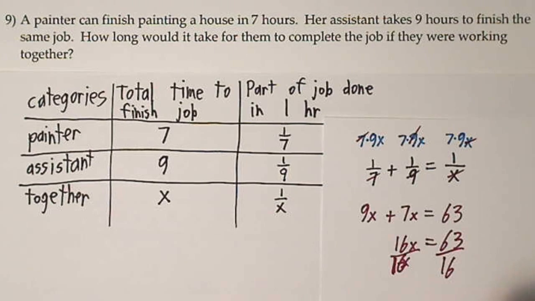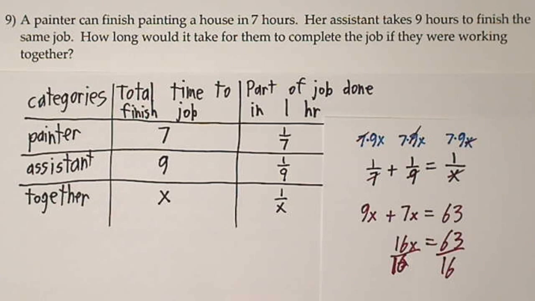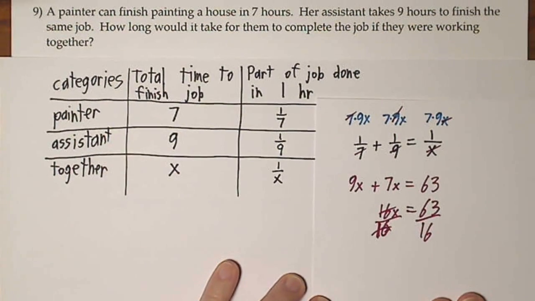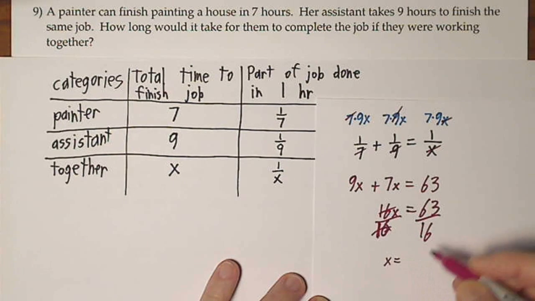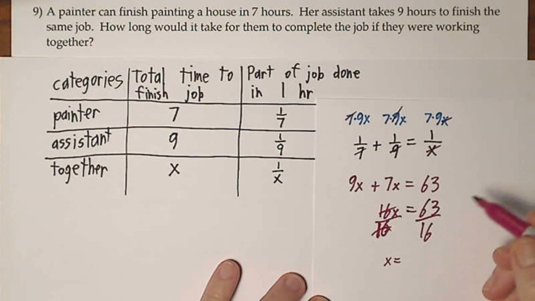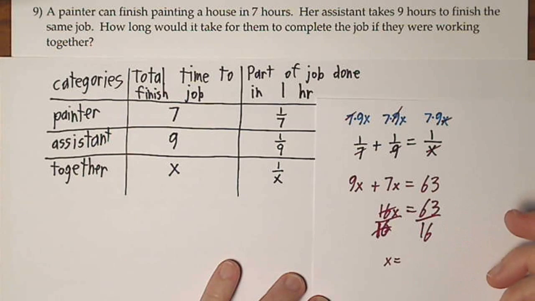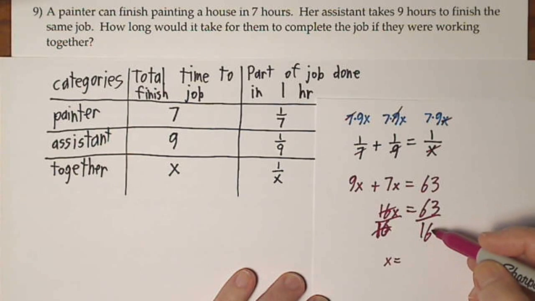Alright, so these cancel and you get x equals 63/16. This really isn't going to clean up nicely. I'd be content to leave it like that, but we're talking about time. It looks pretty strange. So we'll make a mixed number.